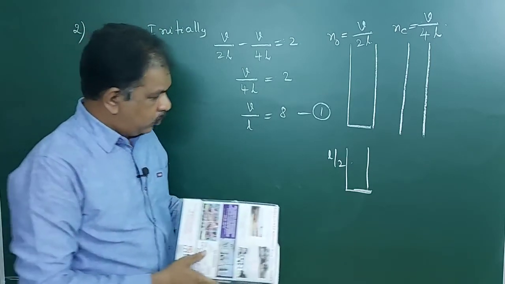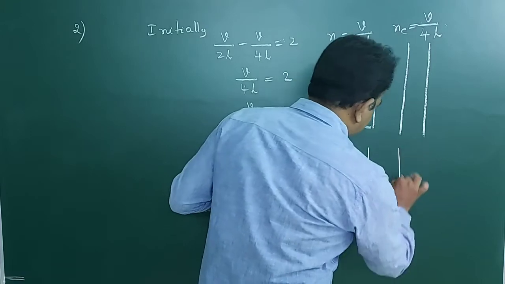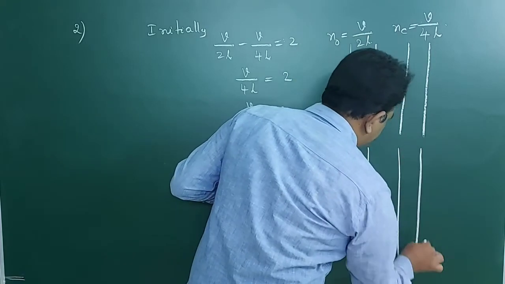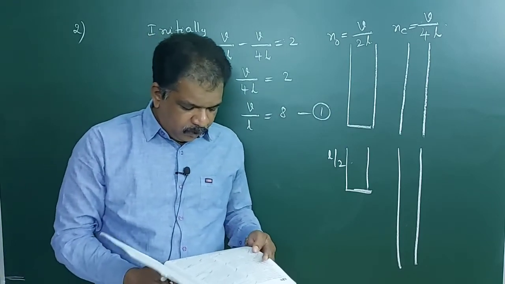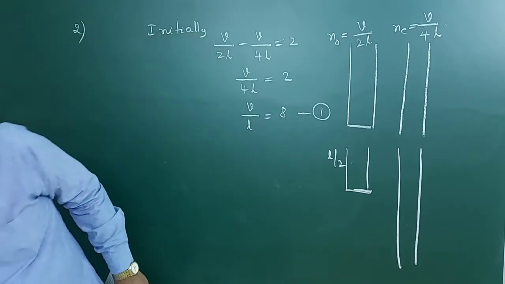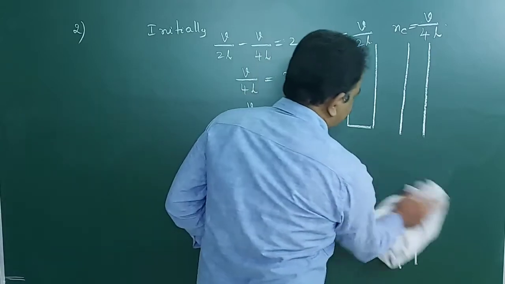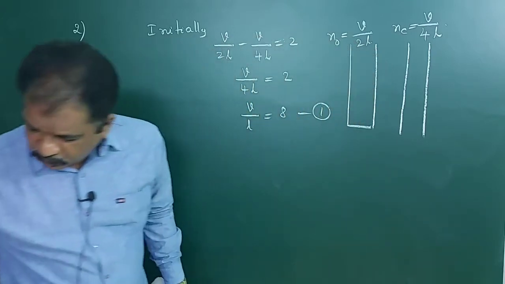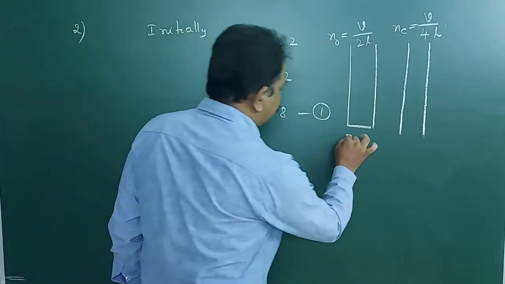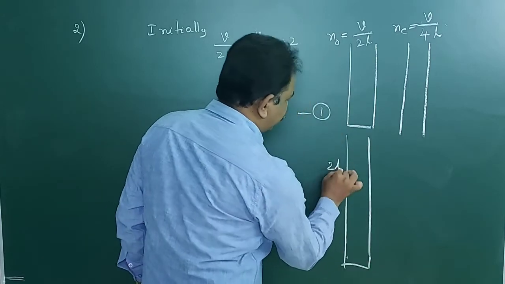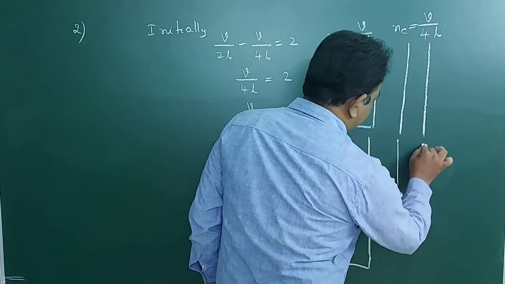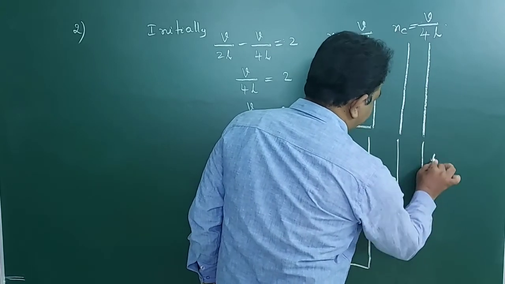And closed pipe is doubled. Wait, what did they give? Open pipe is halved. Closed pipe is doubled, so its length becomes 2L. Its length becomes half.